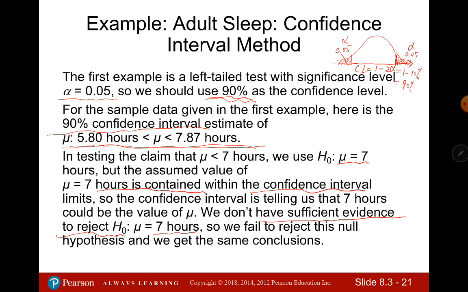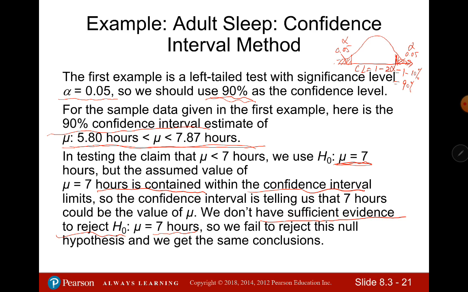So we can use this confidence interval to try to draw the conclusion. We know in our null we have the assumption mu is equal to 7. So we use this value to check the confidence interval. We realize 7 is included in this interval. So, with 7 contained within the confidence interval, we say we fail to reject.